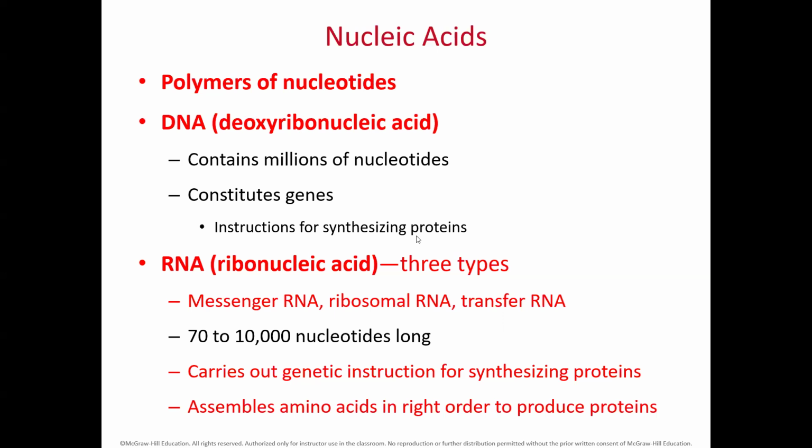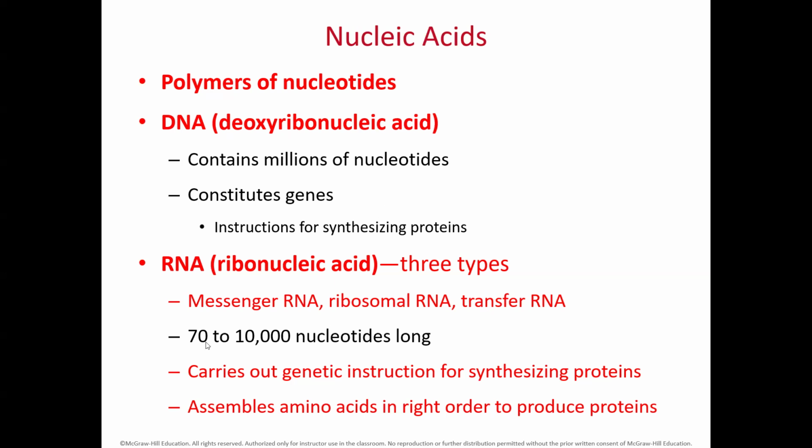So DNA, I would say, is like a big encyclopedia of all the different proteins that you will make and how much to make and when to make it. That's what DNA is. It's a big encyclopedia and it's going to list all the different proteins we make, when and how much to make them.